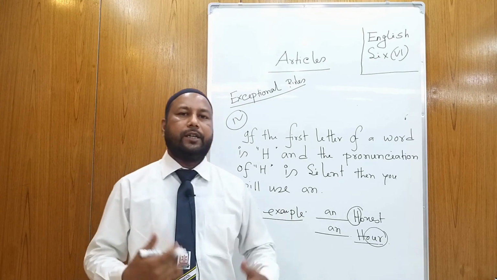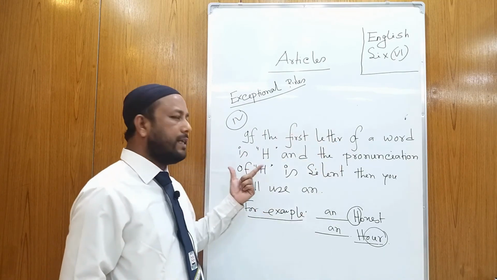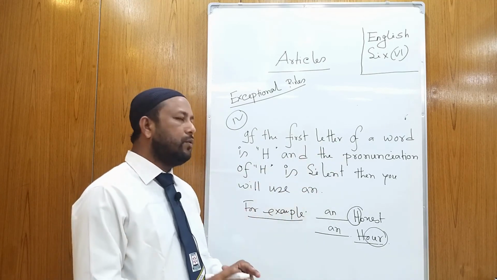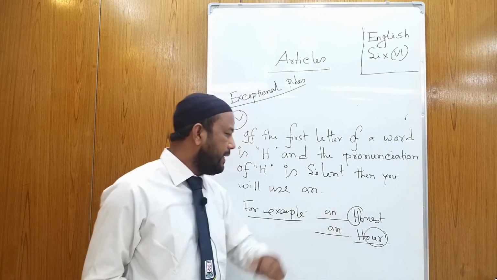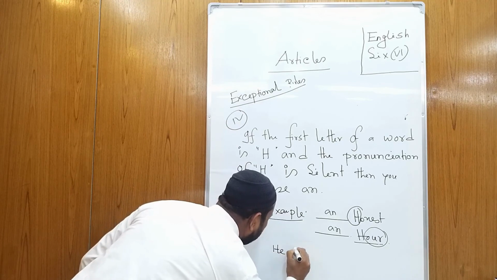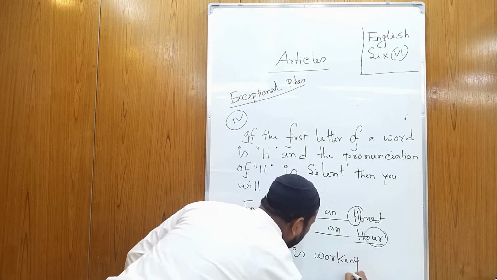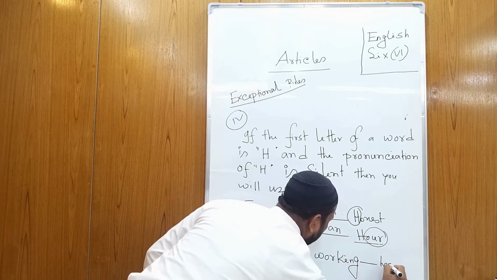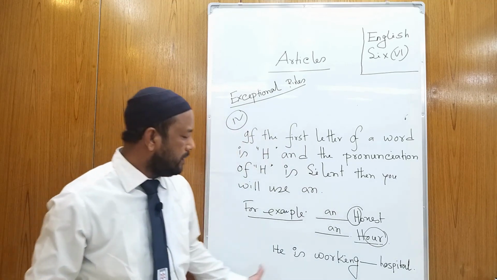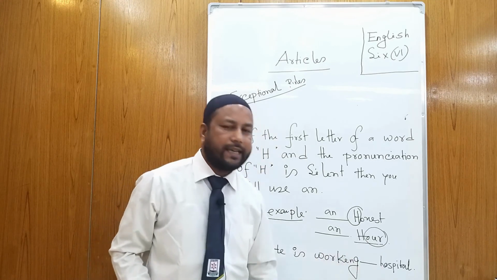Okay, I will just repeat the rule again. If the first letter of a word is H and the pronunciation of H is silent, then you will use "an". Here is another example. You can see: he is working dash hospital.